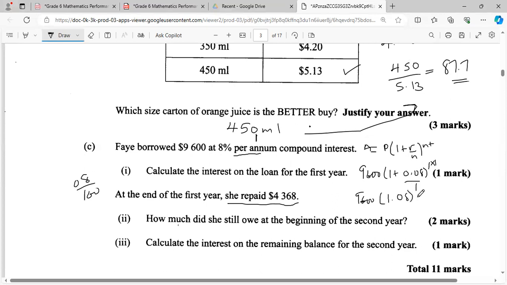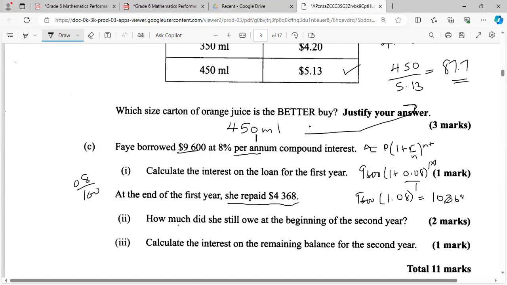So all we have to do is punch that in our calculator, and the 1 times 1 does not make a difference. So this will be 10,368. That means the interest would be the difference. This is the amount, right?